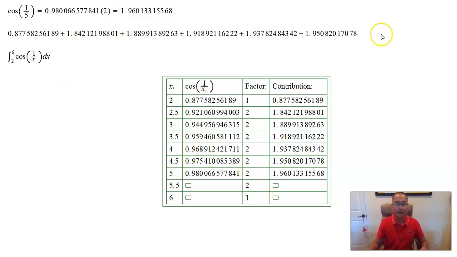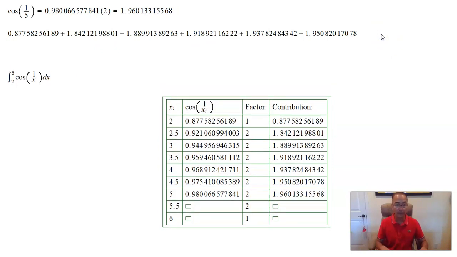Let me start a new line. And then we'll just add all of them together. Almost there. 5.5, times 2.